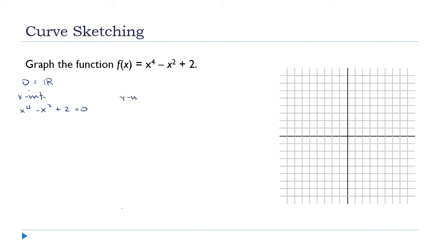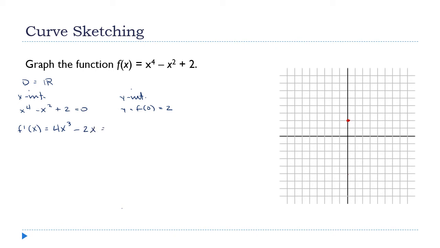The y-intercept, y equals f of 0, that is 2. It's going to be here. All right, so let's do the derivative, let's do the calculus bit. f prime of x is 4x cubed minus 2x.